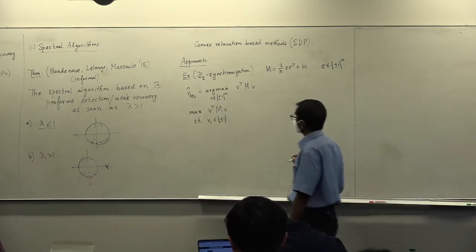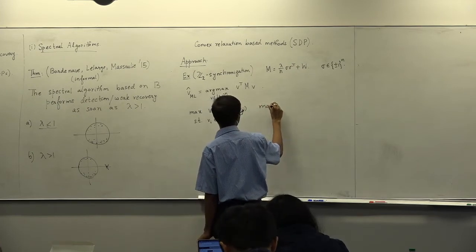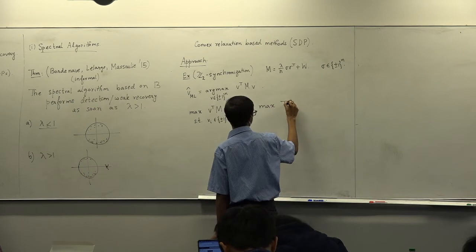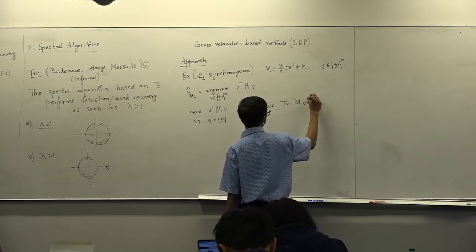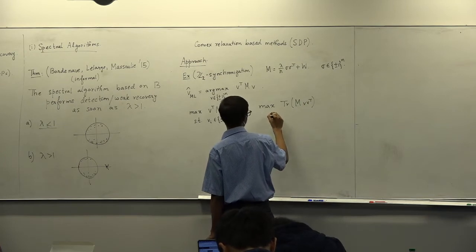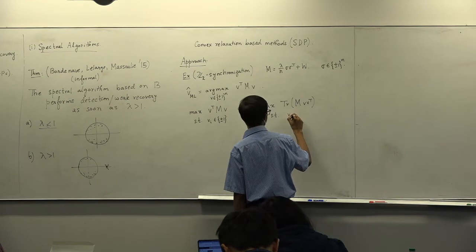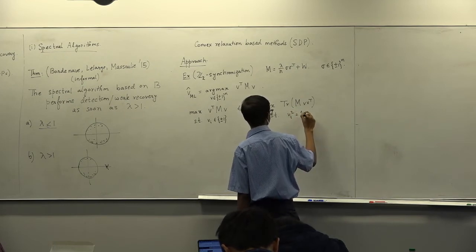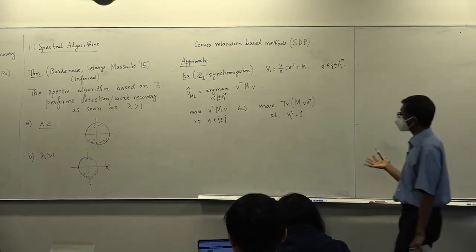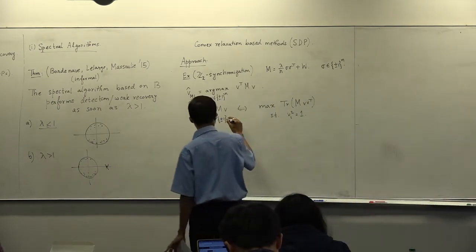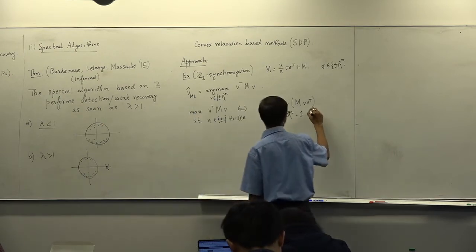This is equivalent to the following problem, where I maximize trace of M V V transpose subject to the constraint that Vi squared is equal to 1. So this is the usual semidefinite lifting for people in the audience who have seen this before.